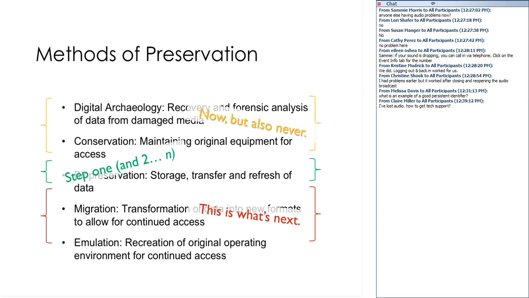So to put a timeline on that, you should almost never be dealing with digital archaeology or conservation unless that's the specific mission of your institution. You will right now and will be forever dealing with bit preservation, right, keeping that data intact. And then I think for all of us, it's reasonable to expect in the future, and hopefully in the more distant and simpler future, that we'll be doing migrations and emulations.